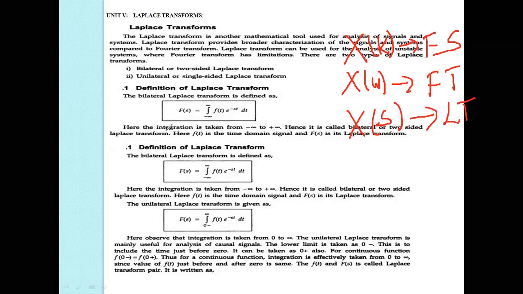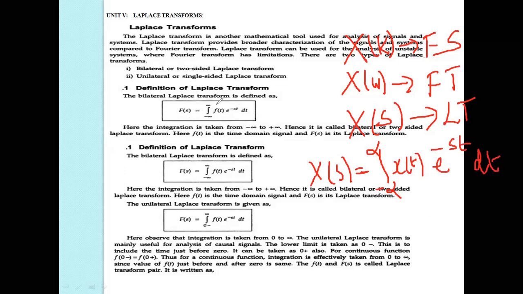Here, inside I am taking f of t. The definition says that x of s is equal to, since it is bilateral, the limits from minus infinite to infinite, of the time domain signal x of t, e power minus s t dt.